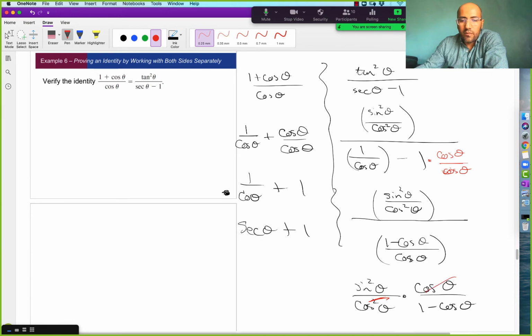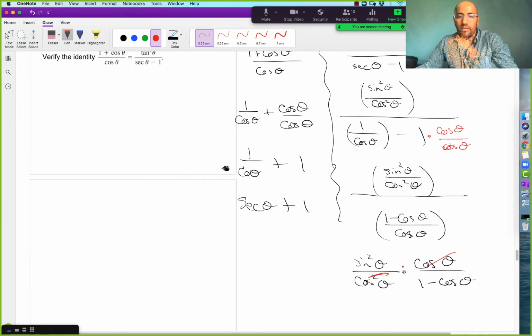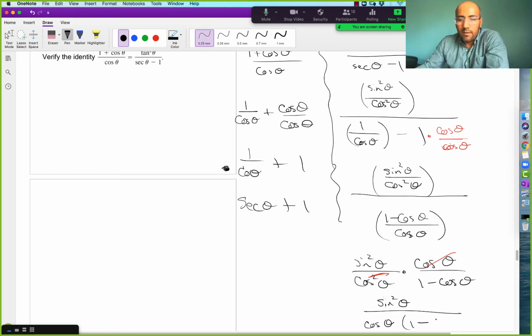One of those cancels with that. And then I end up with sine squared theta over cosine of theta times (1 minus cosine of theta).